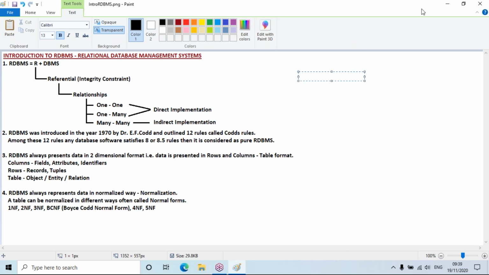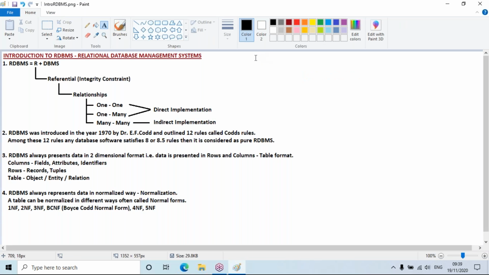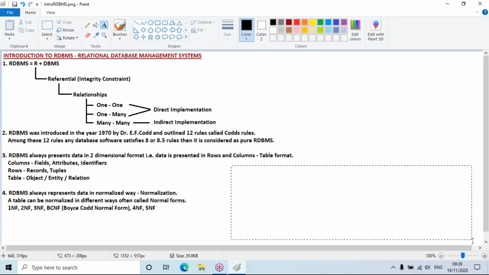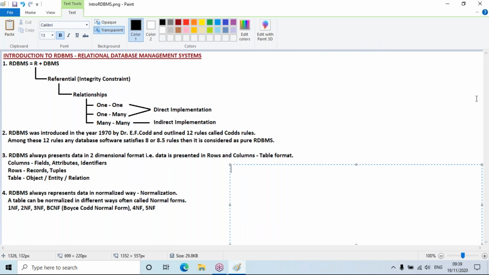Now going further, one more part of this RDBMS, which I'll write here, is called components of RDBMS. Make this point very clear.